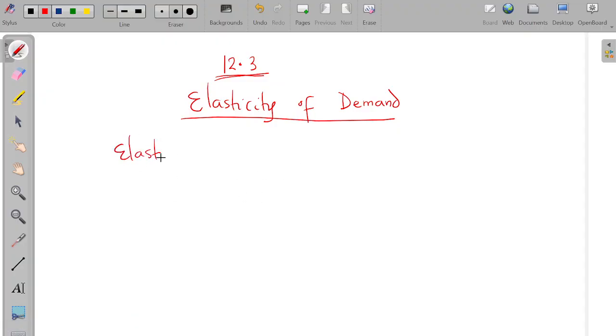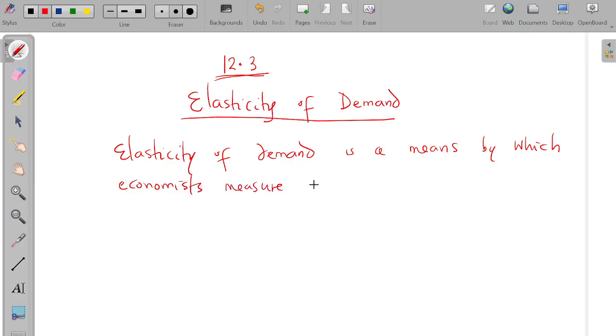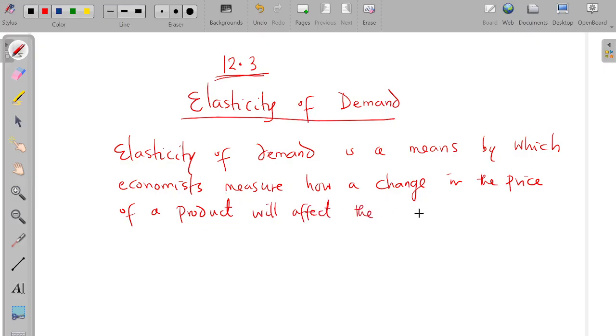So elasticity of demand is a means by which economists measure how a change in the price of a product will affect the quantity demanded.